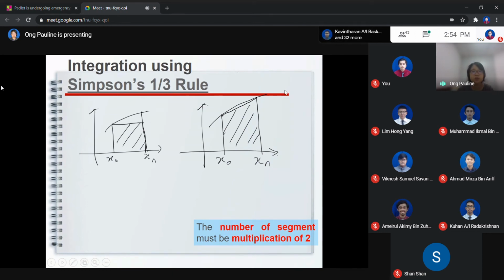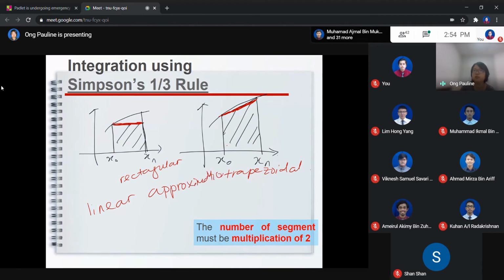If you observe here, the line that we use here actually is a straight line. So this one is a straight line here, and this one also a straight line. So meaning that for both the rectangular rule and also for the trapezoidal rule, we are trying to do the approximations by using the linear approximation, in which you try to approximate the curve here by using a straight line.